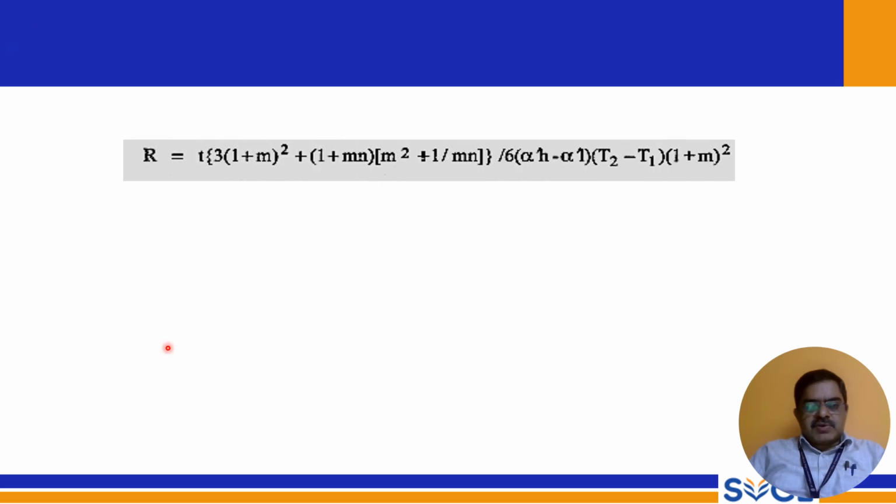R equals t times [3(1+m)² + (1+mn)(m² + 1/(mn))] divided by 6(αH − αL)(T2 − T1)(1+m)².